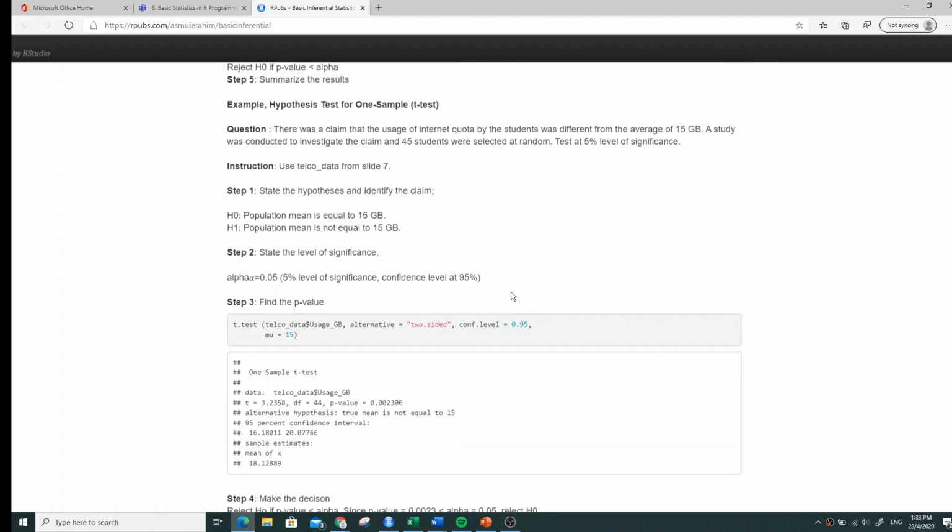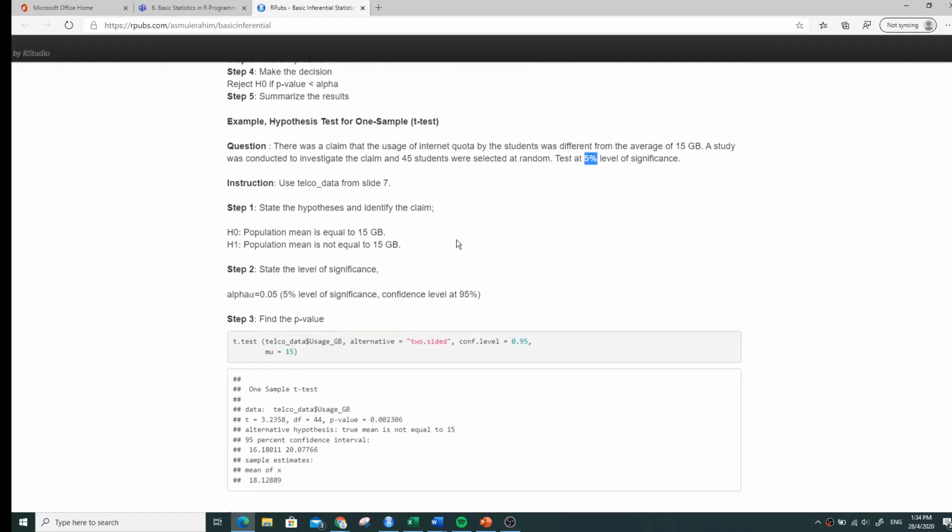It will affect our confidence level specification here. If we use 5%, for the confidence level argument you should use 0.95. If 10%, the confidence level is 0.9.